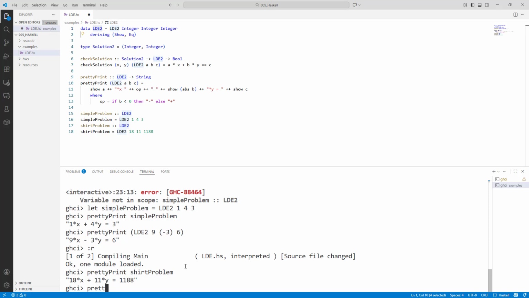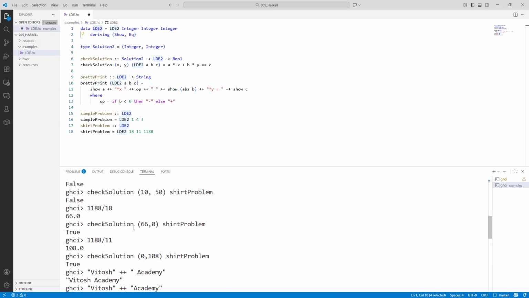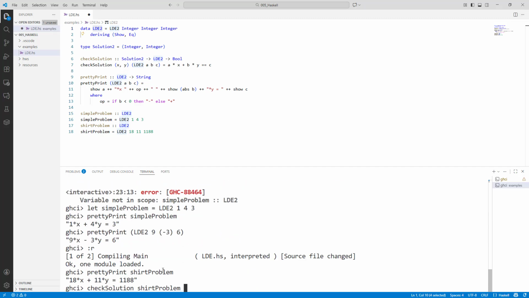For example, we checked the solution with short problem and with, what was it, 18, 11, 88, let me see, how was it solved? checkSolution 16600 and short problem like this.